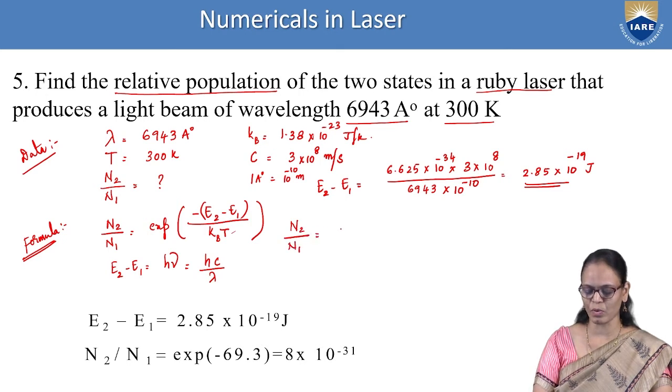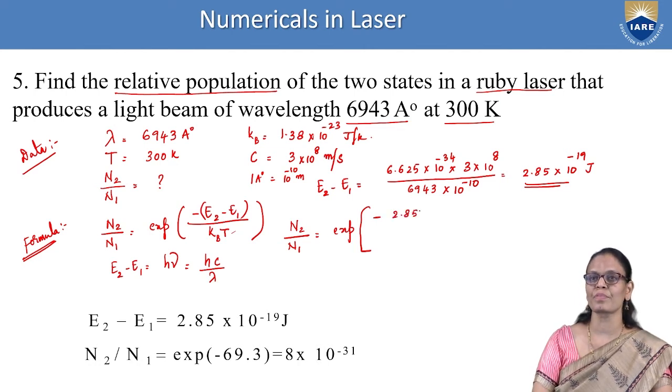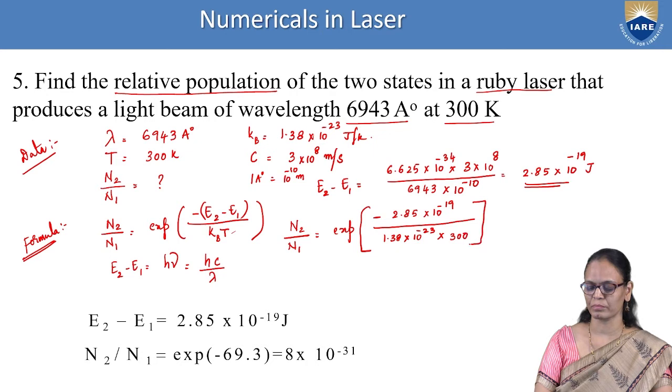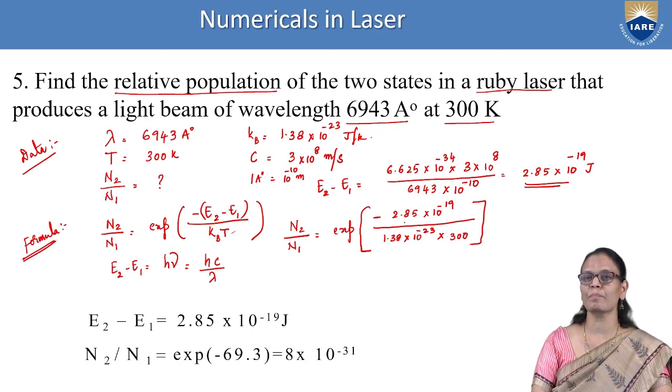Now how do we get N2 by N1? N2 by N1 will be equal to exponential of minus E2 minus E1, which is 2.85 into 10 power minus 19, divided by KBT, which is 1.38 into 10 power minus 23 into temperature 300.